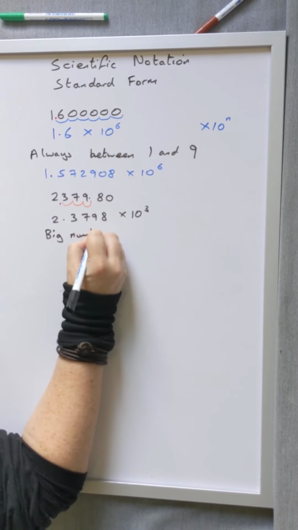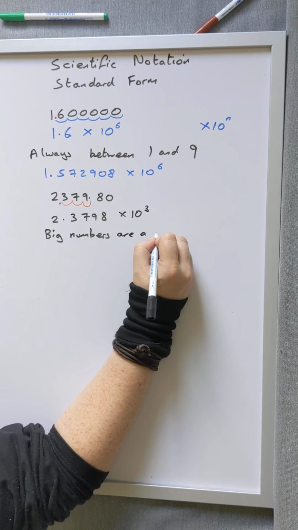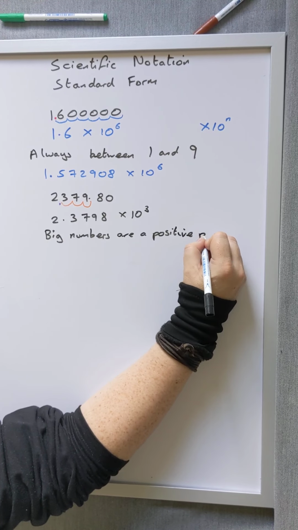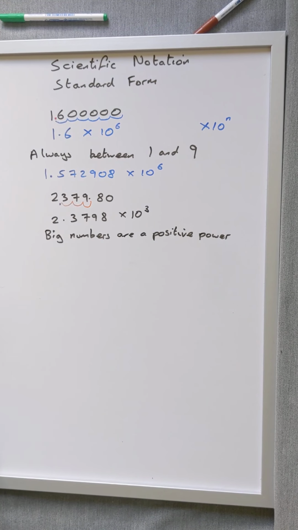So if you imagine, let me just write positive before I forget how to spell it. If you imagine that you were looking at some astronomical data, something looking at stars that are millions and millions of light years away.